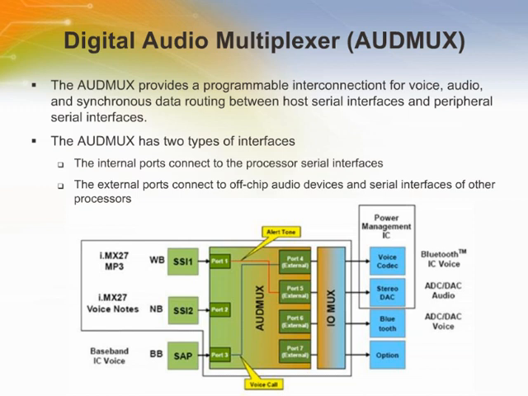The AUDMUX is designed so that resource configurations do not need to be hardwired, but instead can be shared in different configurations. The AUDMUX interconnections allow multiple simultaneous separate audio, voice, data flows between the ports in a point-to-point or point-to-multipoint configuration.